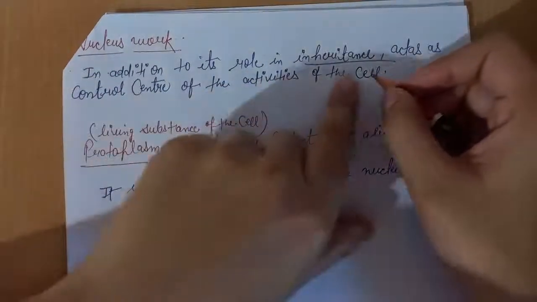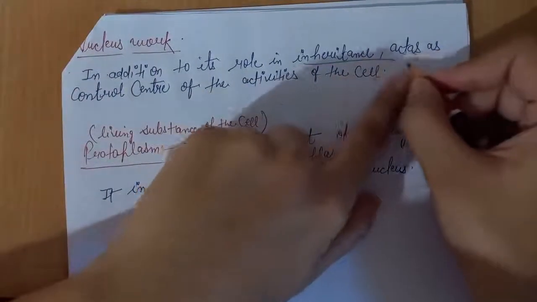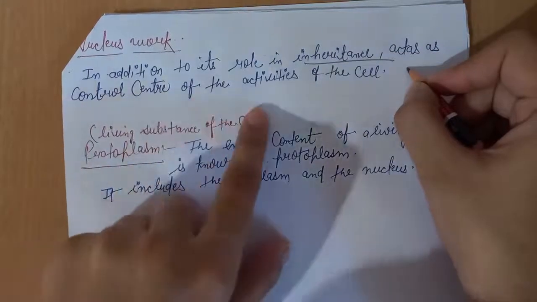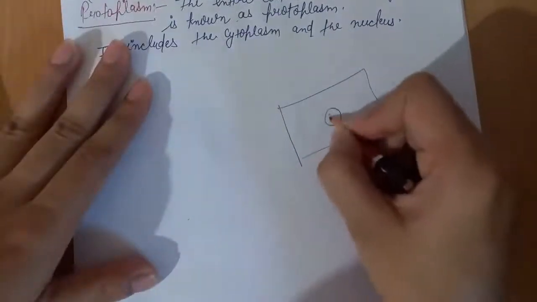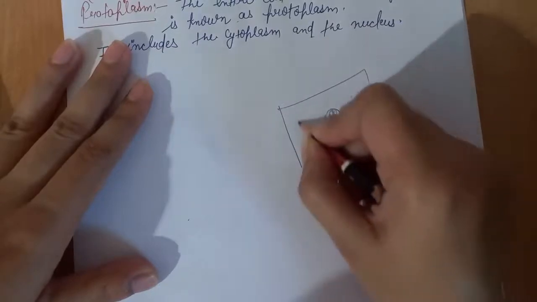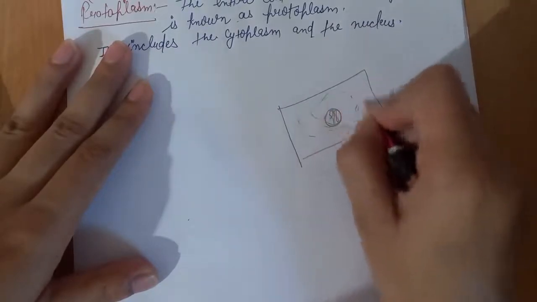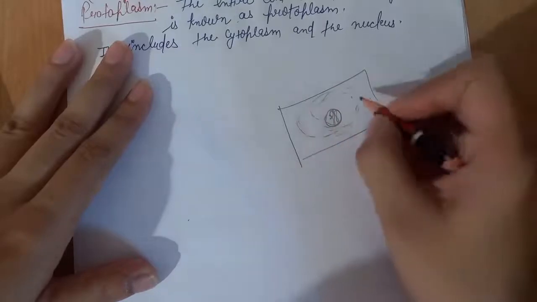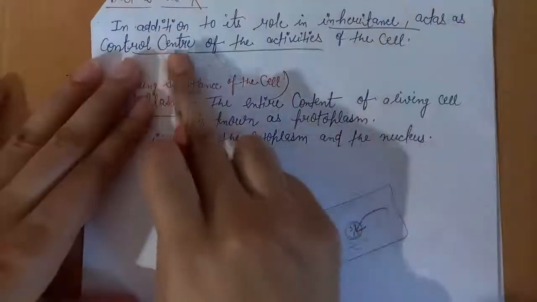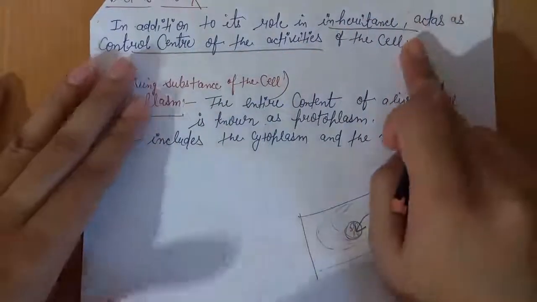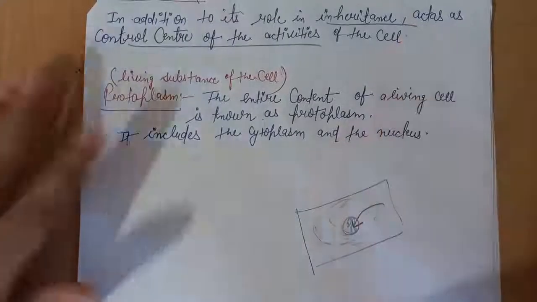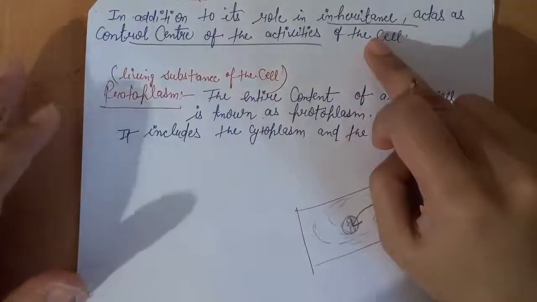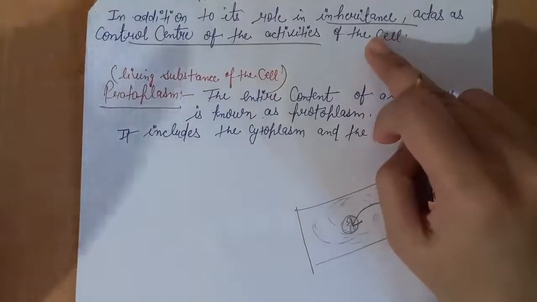In addition to its role in inheritance, it acts as the control center of the activities of the cell, because in our cell, in the cytoplasm area, whatever activities are being done, all those activities are controlled by the nucleus. So we say it acts as the control center of the activities of the cell, because all activities are carried out under the control of the nucleus.